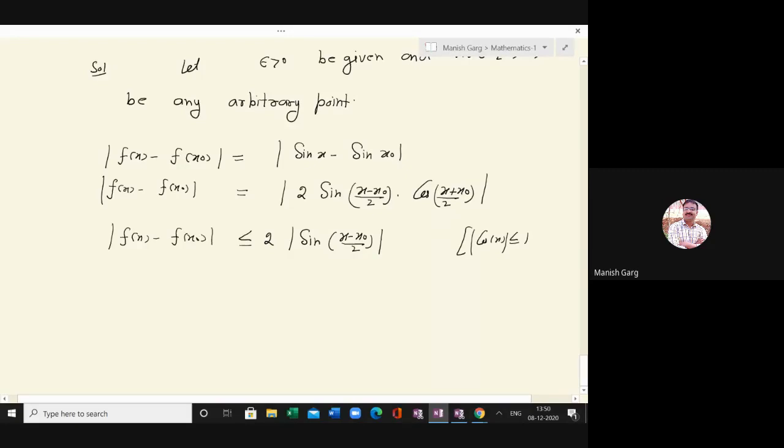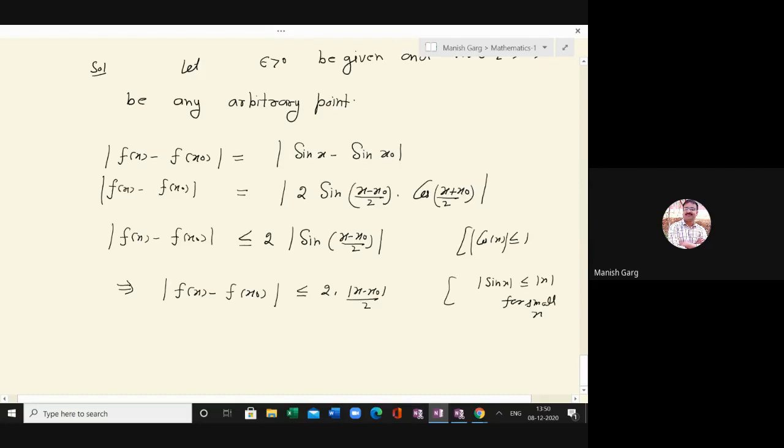So I told you you need to bring the expression in terms of x minus x naught. So here you can write this is 2 into (x minus x naught) by 2. There is a condition: mod sin x is less than or equal to mod x, for small x.